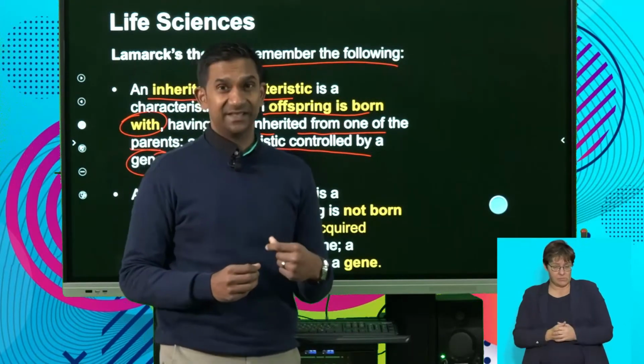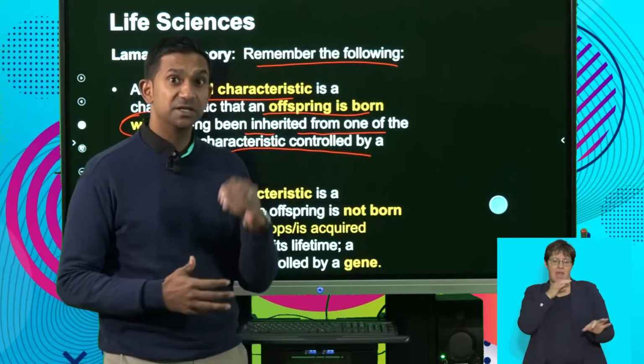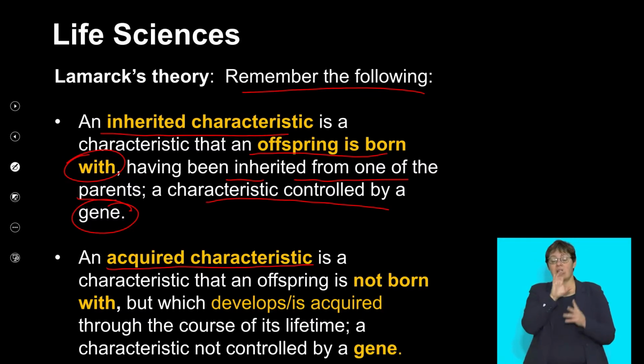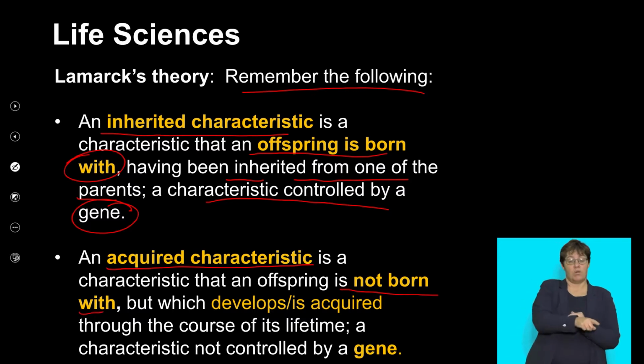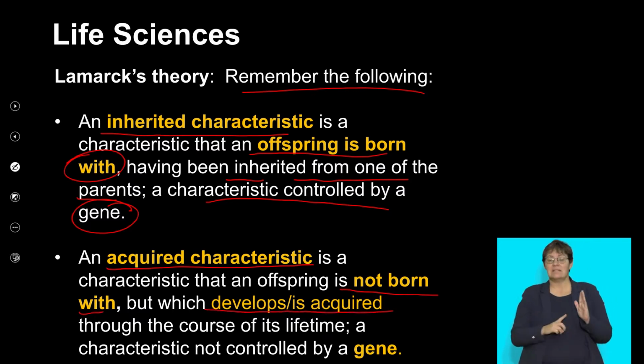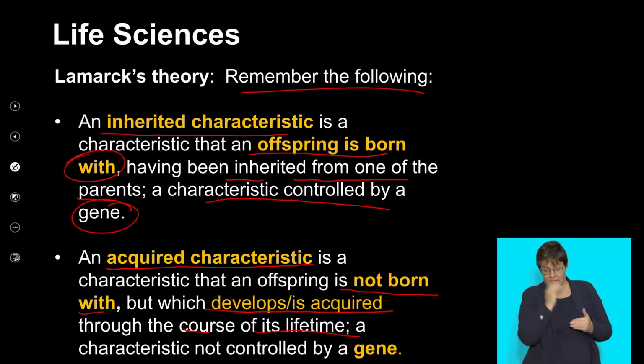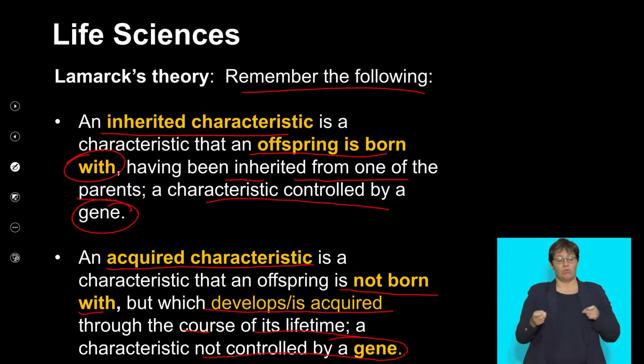Today we understand that, and hence we can explain this concept much more scientifically. We also need to understand that an acquired characteristic is a characteristic that an offspring is not born with, but develops or acquires through the course of its lifetime and is not controlled by a gene.